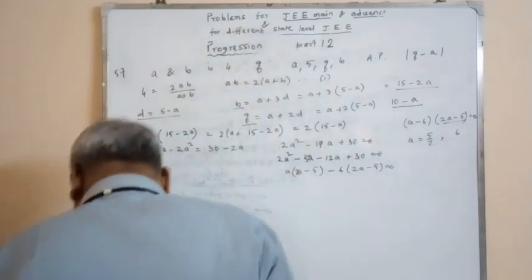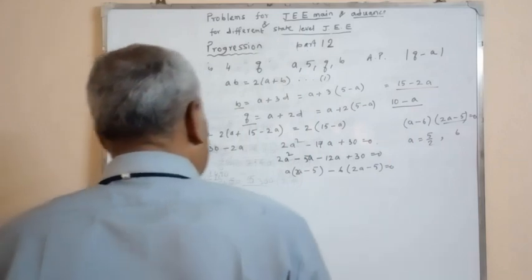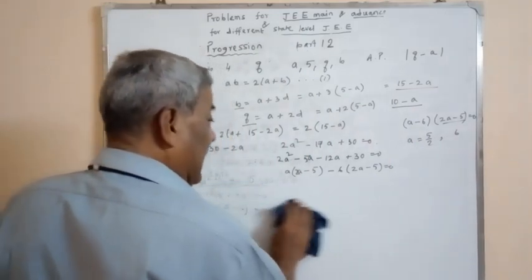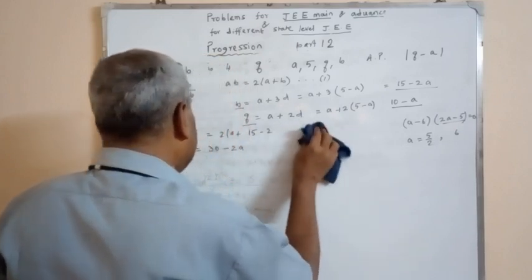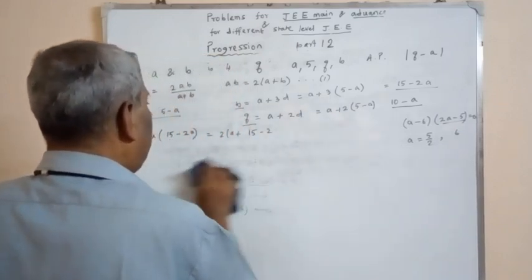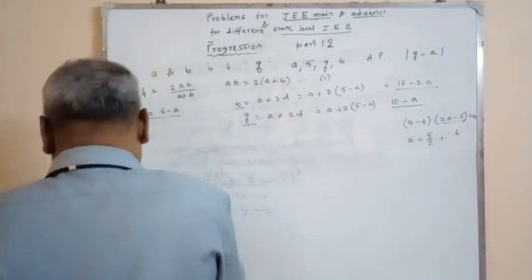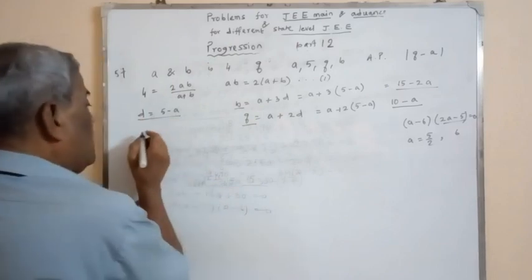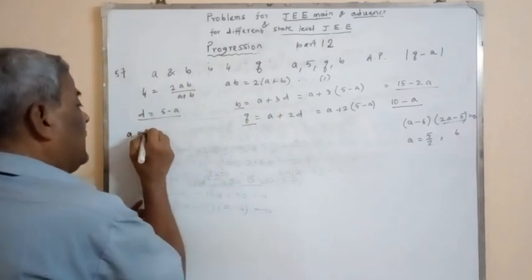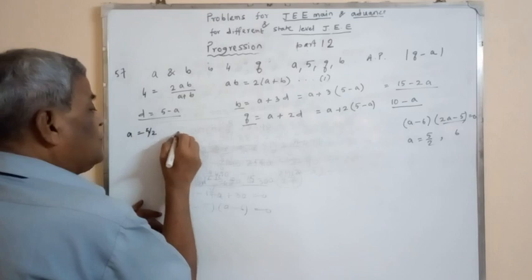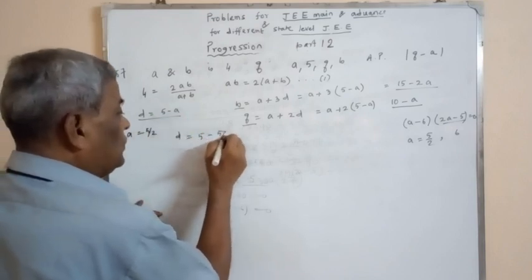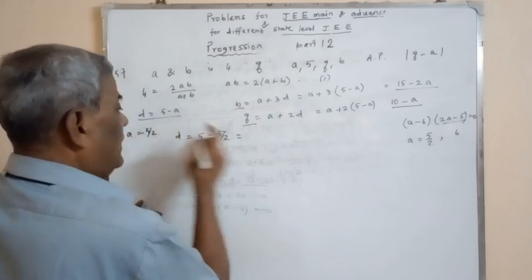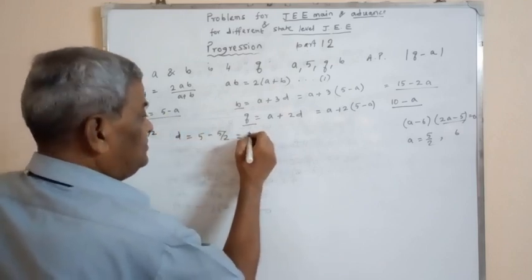So now for two values of a, we find values of d. When a is equal to 5 by 2, d is equal to 5 minus 5 by 2, that is 5 by 2.